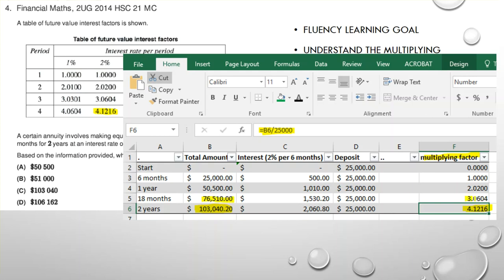Divided by 25,000 is that number. The bottom right corner, which is this one. And you can see this one, the 2.02 in the table, corresponds to this one. So that's where these numbers come from. They're not made up. They are actually quite simple to calculate.